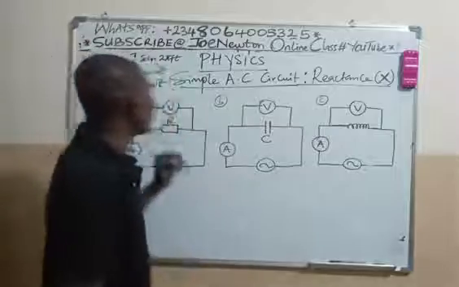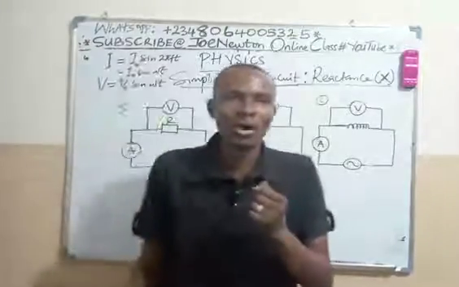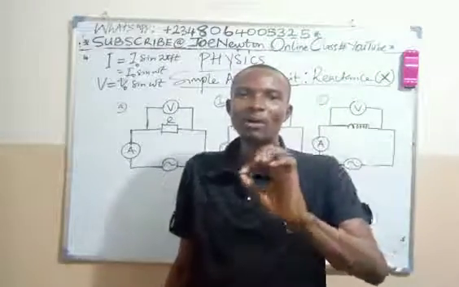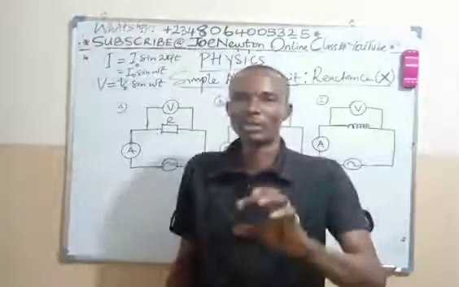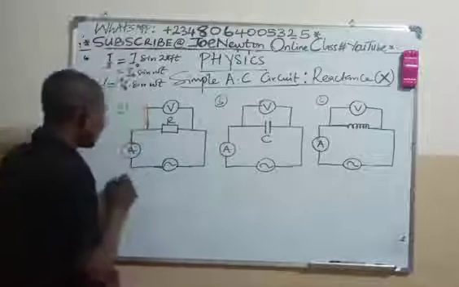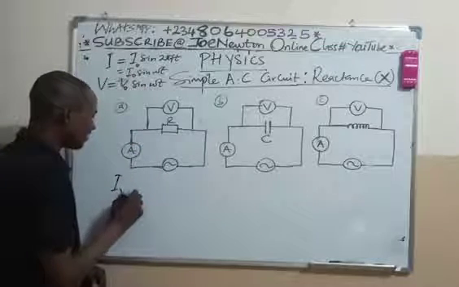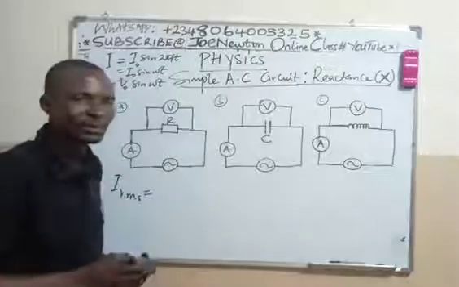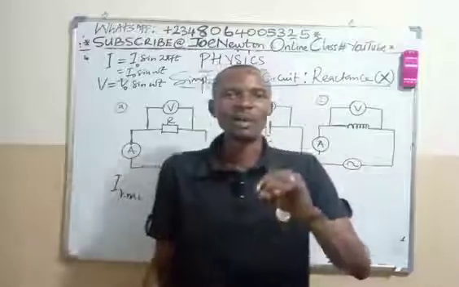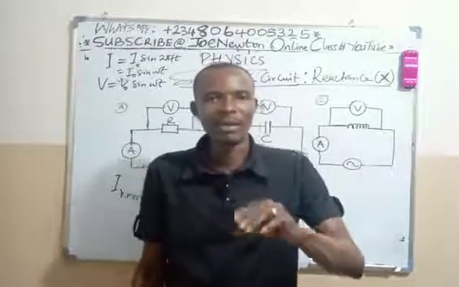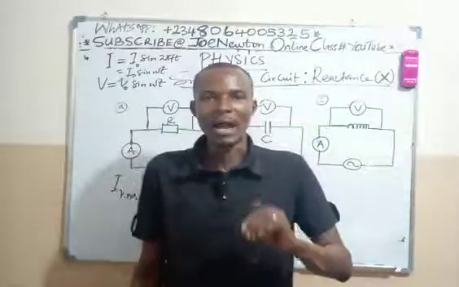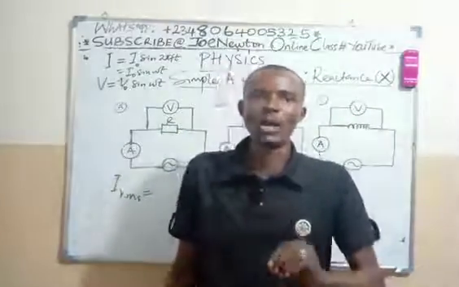Good. This concept leads us to what we call the IRMS, that is the root mean square current, which is the effective value of current in an AC circuit. That steady current which will develop the same quantity of heat in the same time in the same resistance is known as RMS current, root mean square current.